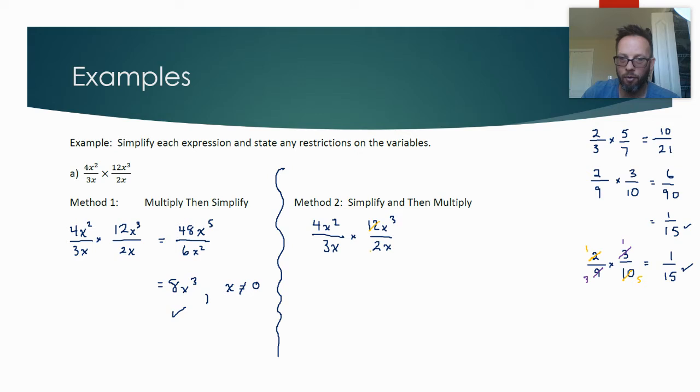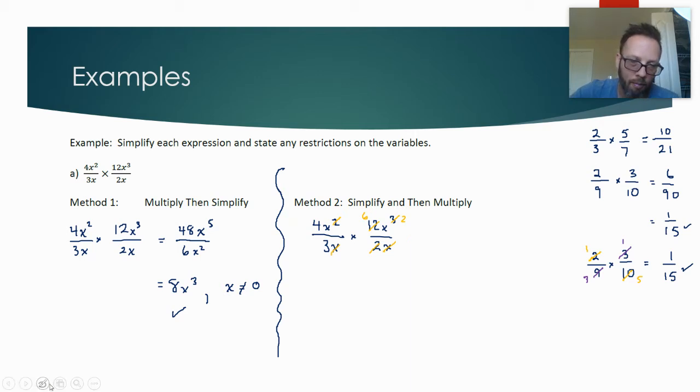But 12 over 2 is just 6, right? And then if I look at each pair here, I've got an x in the bottom and an x on top. Those can divide out, right? I have 2 x's and 1 x, so I can just cross out one of them. And then I have an x in the bottom here, x cubed, so that would go down to x squared.